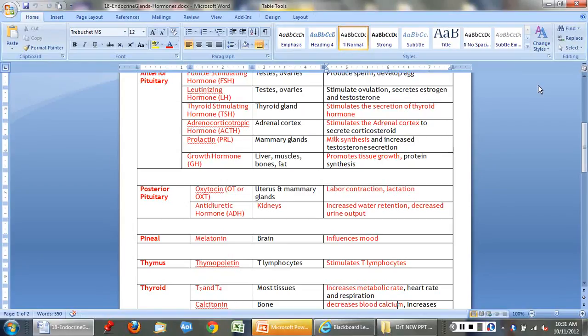It stimulates labor contraction as well as lactation. So this is the hormone that stimulates labor contractions. So when a woman goes into labor, remember this was a positive feedback mechanism y'all may have learned about in 201. So how does positive feedback work?